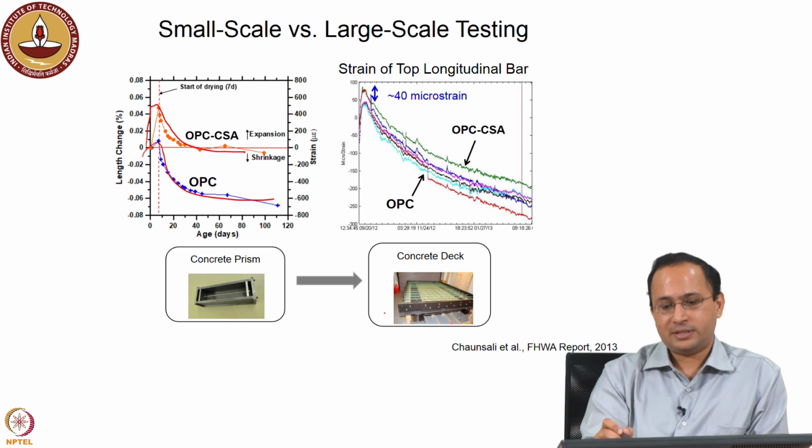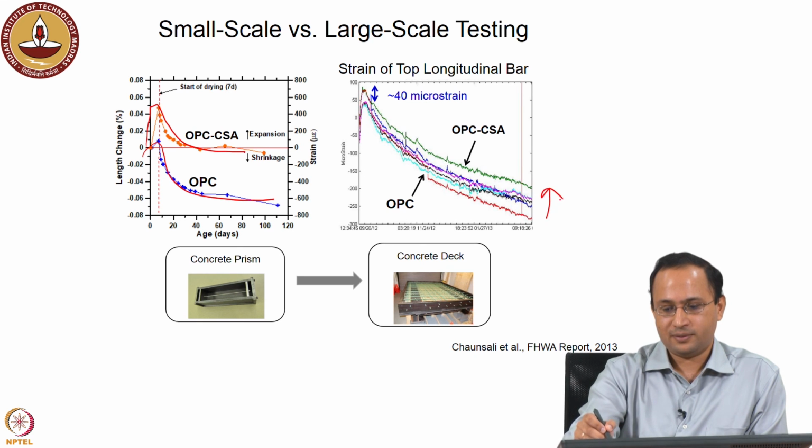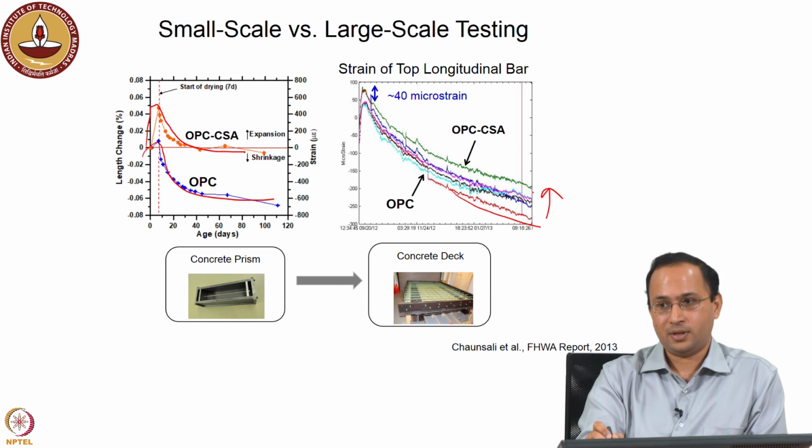But because of the restraint, if you look into the strain level in the slab, the degree of restraint is different, it is high. Although we see some difference, we are not seeing 0 net shrinkage. There is a difference, like OPC is here, and we are able to reduce the net shrinkage. So, that is why it is important to pay attention to the degree of restraint, the percentage level of your reinforcement in the slab, when you want to predict.